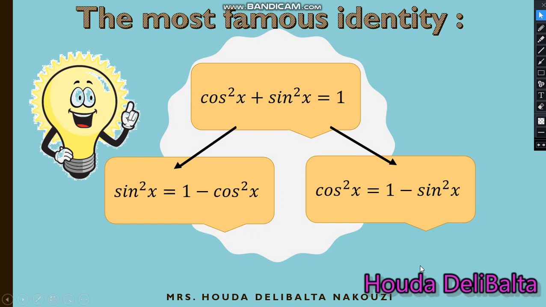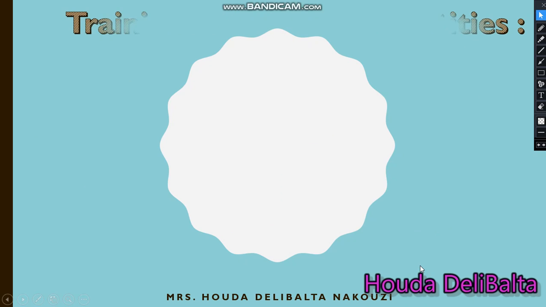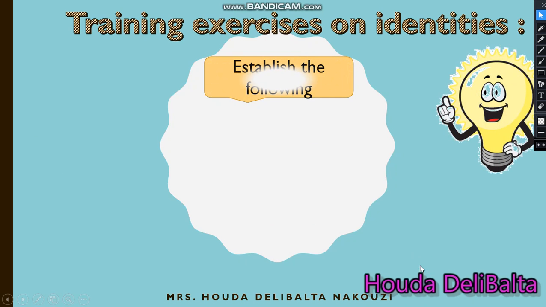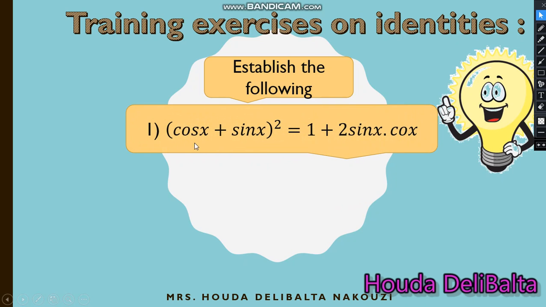And here we start with the training exercises. Establish the following, or we can say prove the following, or verify, or show that. So we have to prove that cosine x plus sine x, all of it squared, is equal to 1 plus 2 sine x dot cosine x.